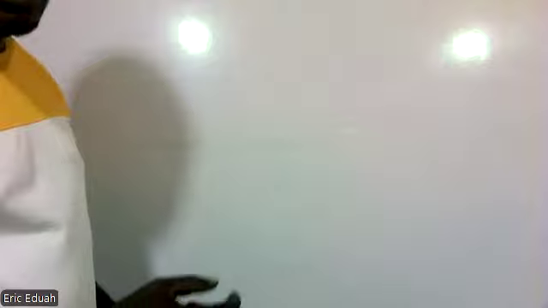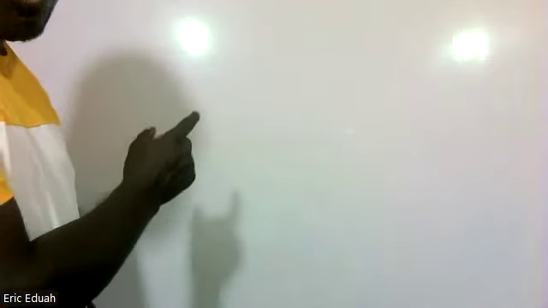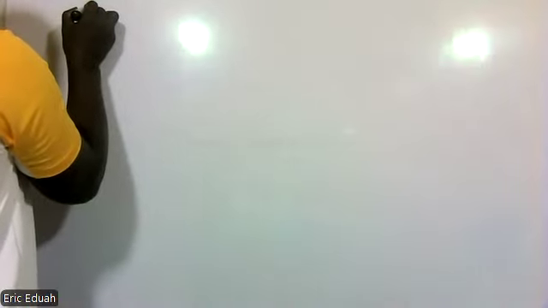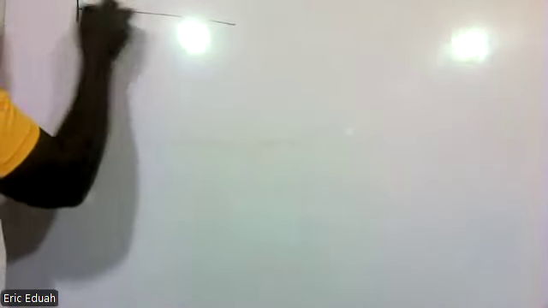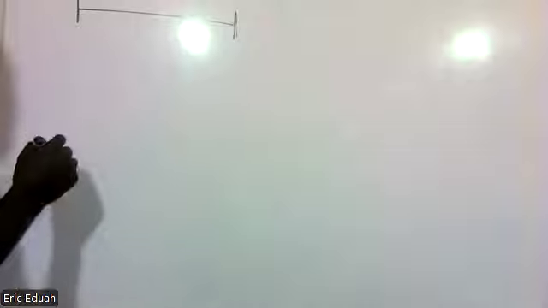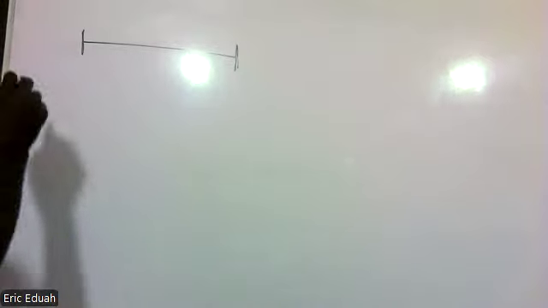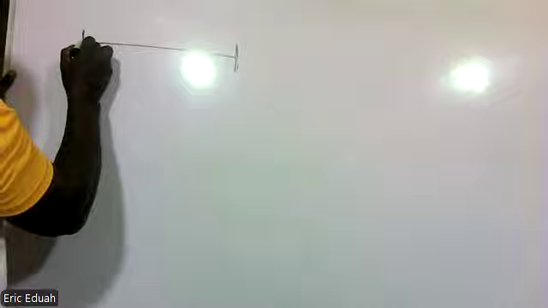Okay, the answer is actually 1 on 4. It must be a quarter. The string must be plugged a quarter of the length from one end. When we draw the loop, the stationary wave for the second harmonic is this.